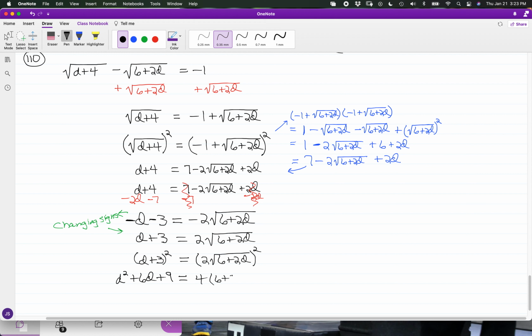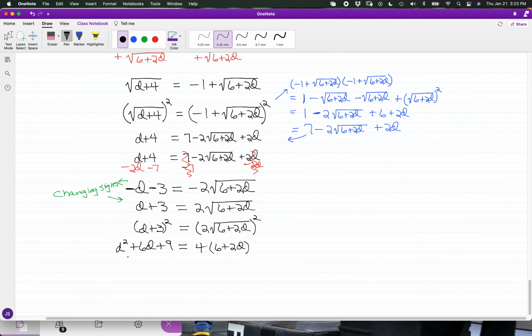Now remember, we still have multiplication to perform. So again, squaring the factors does not automatically take care of the multiplication. So here we have 4 times 6 is 24. And 4 times 2D, so this will become 8D.